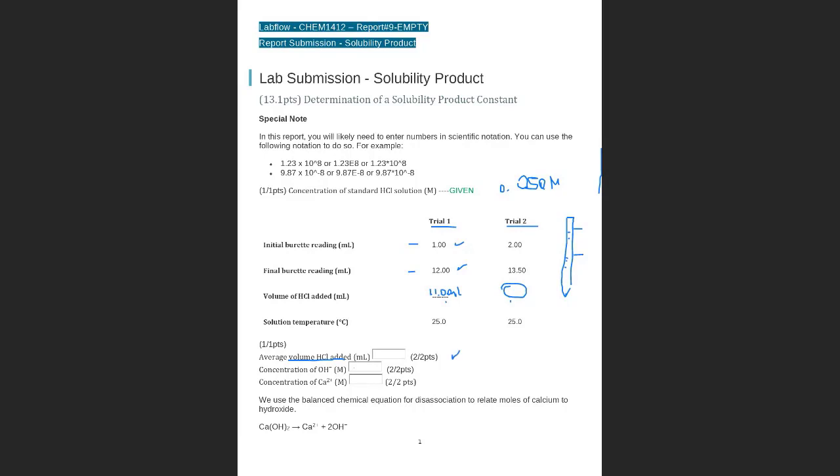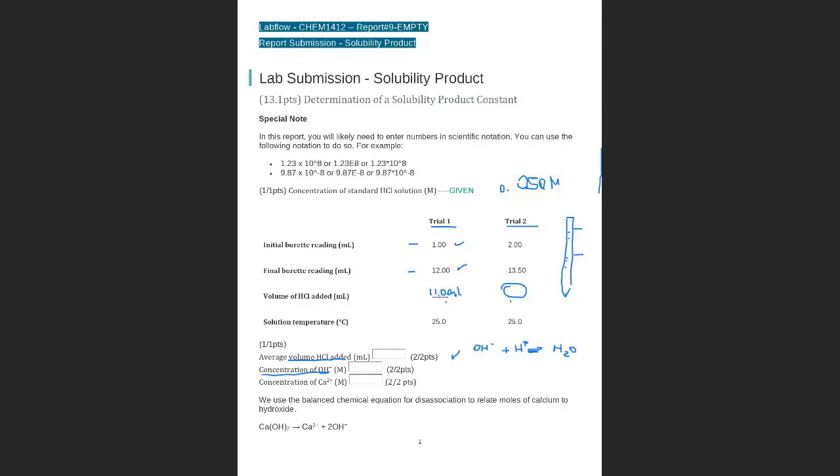And then they will ask you for the concentration of hydroxide ions. So you can actually use the equation that you made before, Alonso. You can use that one because they are asking for the concentration of hydroxide. You know that 1 mole of hydroxide will react with 1 mole of hydrochloric acid to give you water.